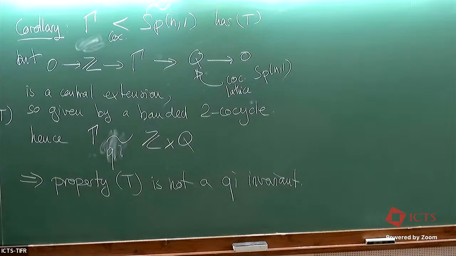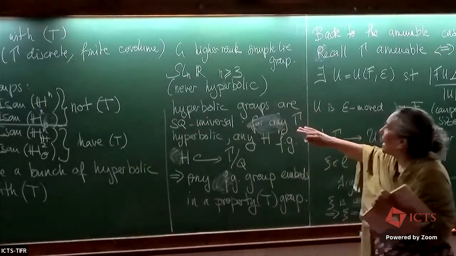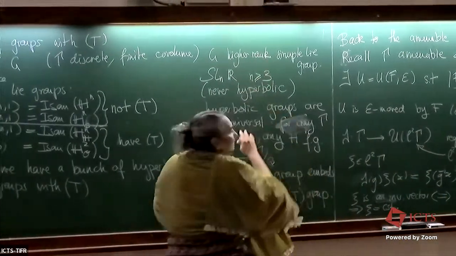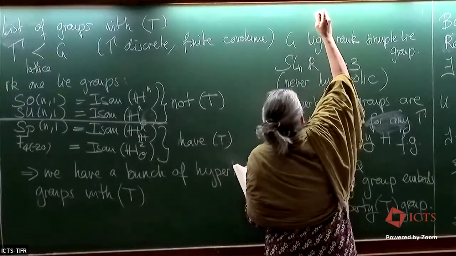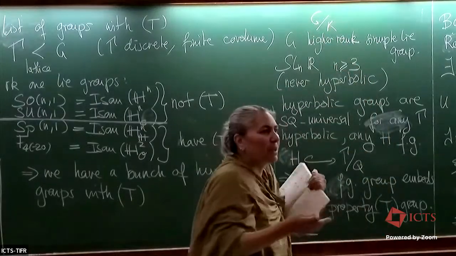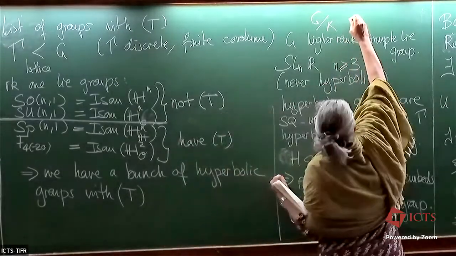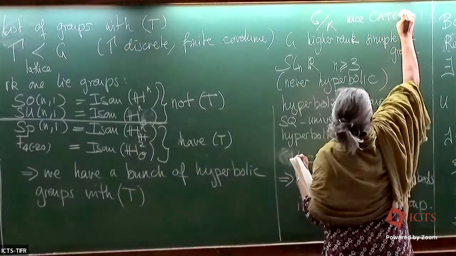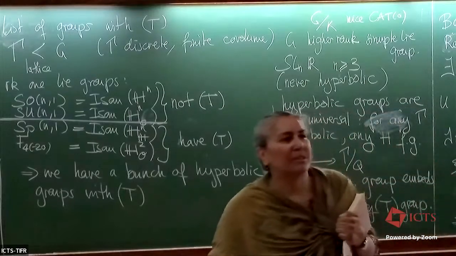The other interesting point that I want to mention is that for higher rank simple Lie groups, there is a really big theory going with it, but you can associate to them what's called a symmetric space. So they have a maximal compact subgroup. If you mod out, you have a very nice CAT(0) space, so a manifold with non-positive curvature.